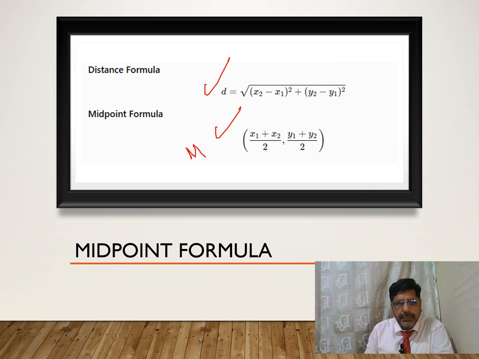The midpoint formula gives the point in the middle. So these are two points, and this middle point can be found with the help of the midpoint formula.